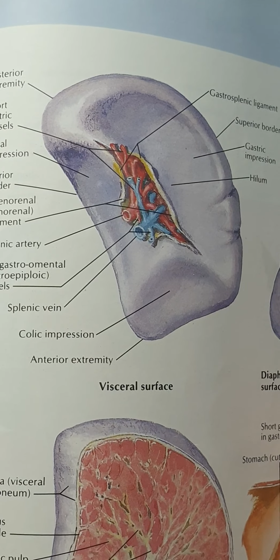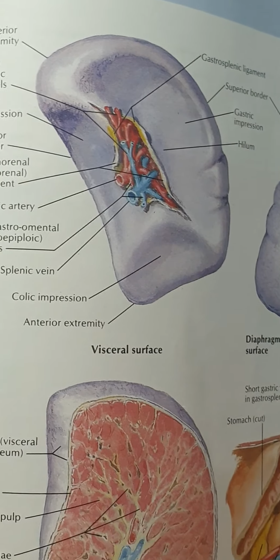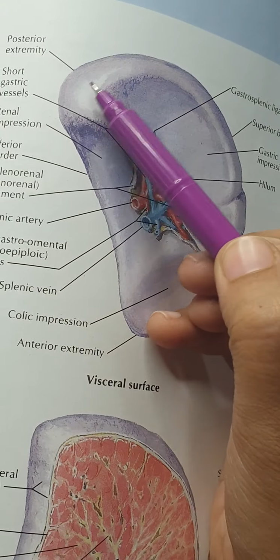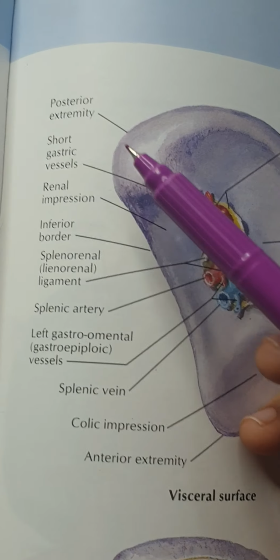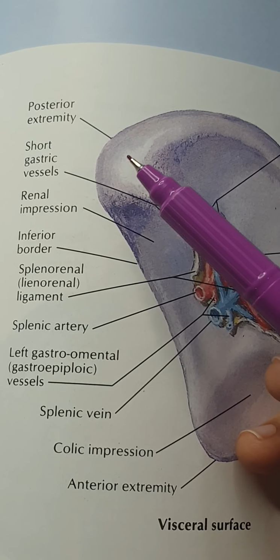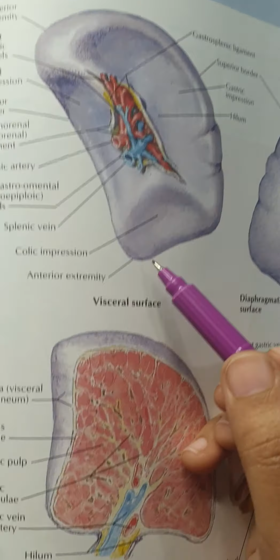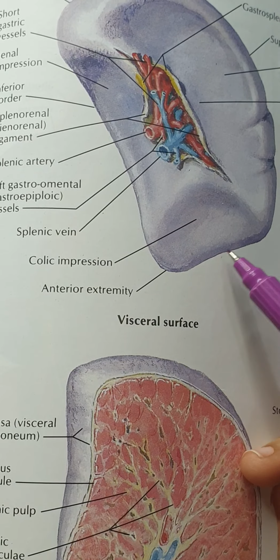Now, once again, we are looking at the ends of the spleen. The two extremities of a spleen are its posterior end, which is also called its medial end, or the posterior extremity, or the medial extremity. We can call it extremity as well as an end. This is the anterior extremity or the lateral extremity.